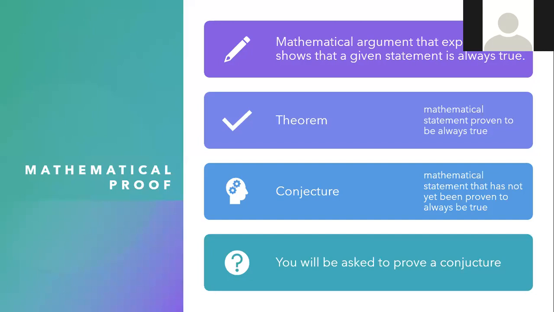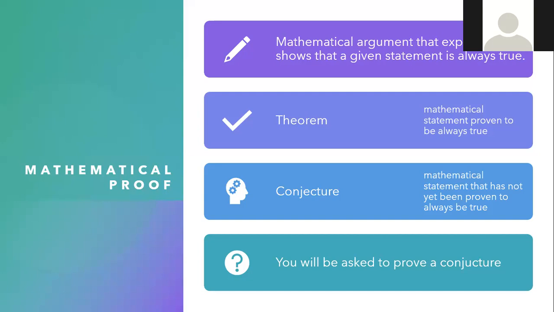So mathematical proof. I'm probably actually going to end up a little bit shorter than an hour today, but we're going to go through what mathematical proof is. Mathematical proof is a mathematical argument that explicitly shows that a given statement is always true.